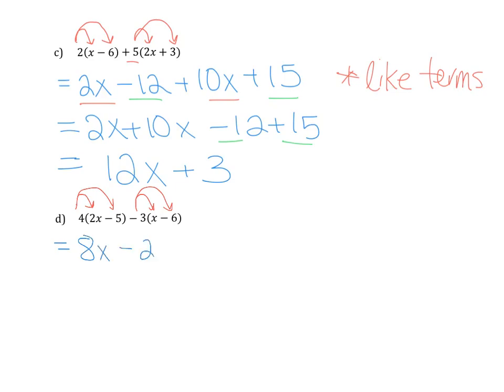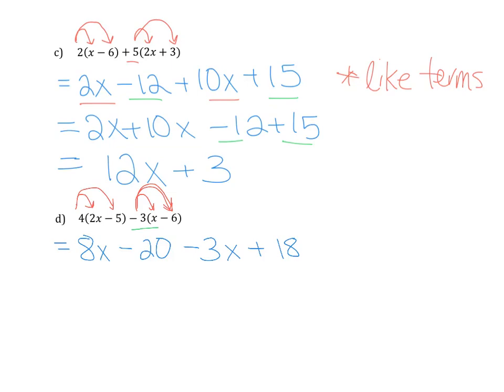We have a negative 20. Okay, note the negatives in this one make it a little bit harder. In our next bracket, we have a negative 3 times an x, which gives me negative 3x. And then that last term, we have a negative 3 times a negative 6, which gives me a positive 18.